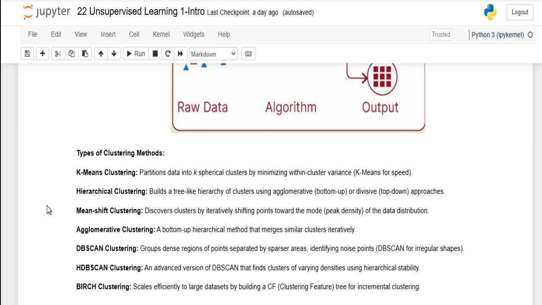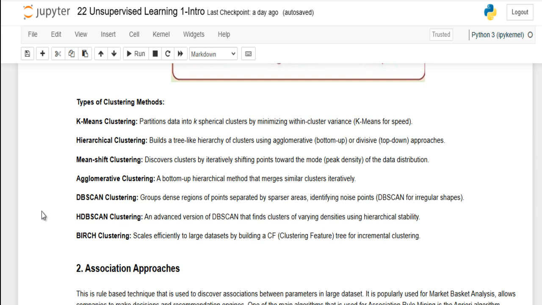We also have DBSCAN clustering, which groups dense regions of points separated by sparse areas, identifying noise points. DBSCAN is basically for irregular shapes. When you have shapes that are irregular, we have DBSCAN. HDBSCAN is an advanced version of DBSCAN that finds clusters of varying densities using hierarchical stability.